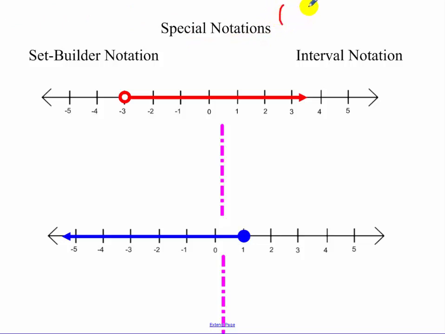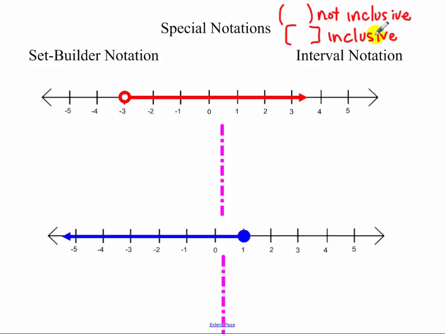When you put a number in parentheses, it means it is not inclusive, meaning I don't count the points that are on those endpoints.